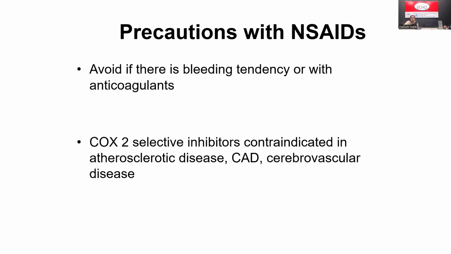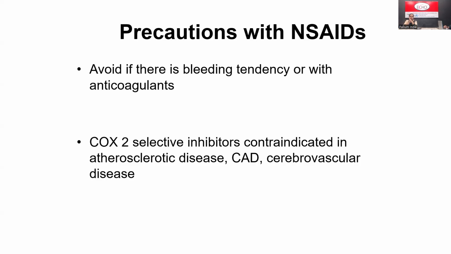And COX-2 selective inhibitors are contraindicated in atherosclerosis, CAD, cerebrovascular diseases and all. So actually it is contraindicated. Why? Because COX-2 selective inhibitors have a risk for hypercoagulation.